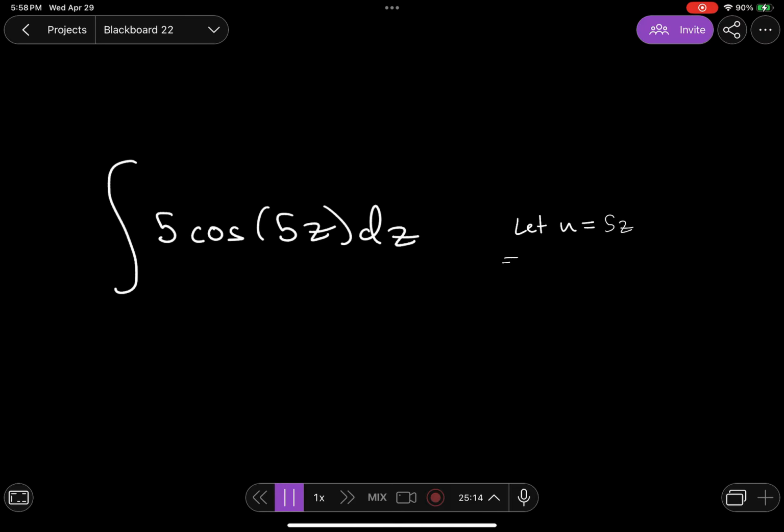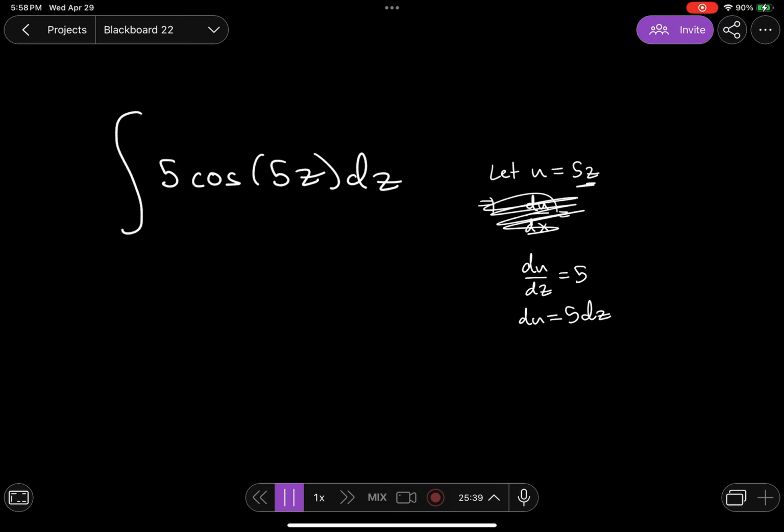Oh, you see, I just blundered. We have a function with respect to z, so let me try that again. The derivative of u with respect to z is equal to 5, and that tells me that du is the same thing as 5 dz.